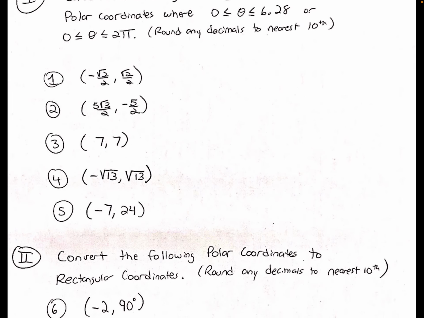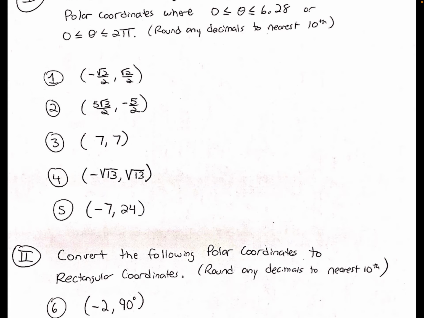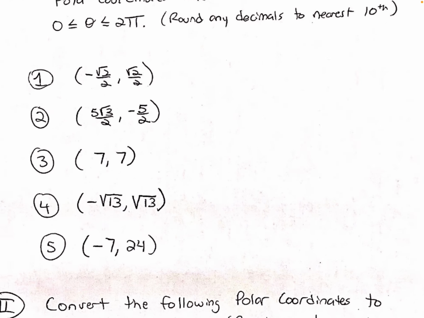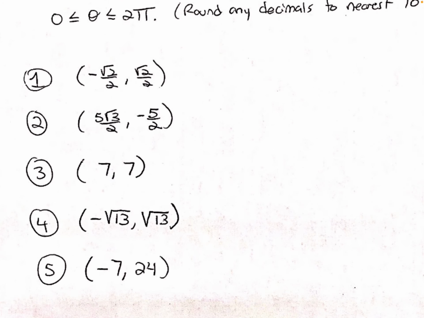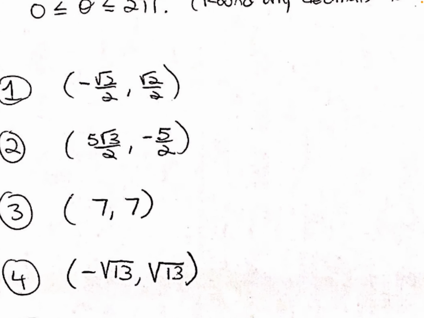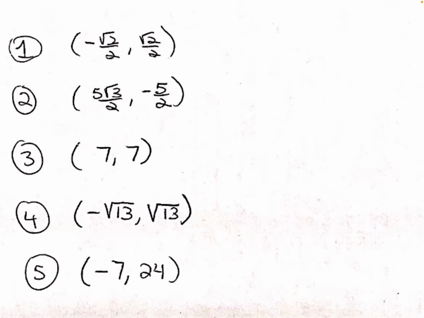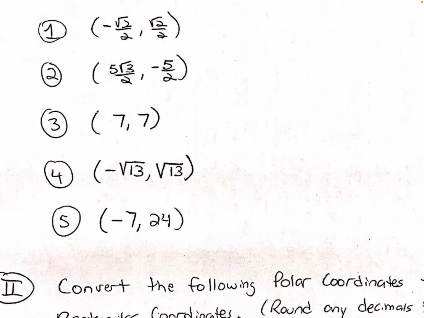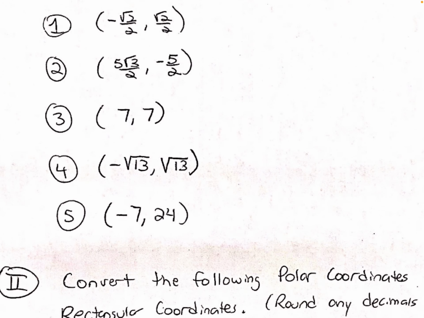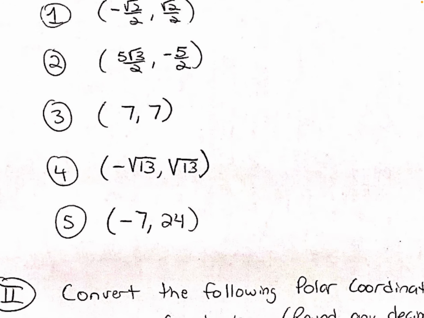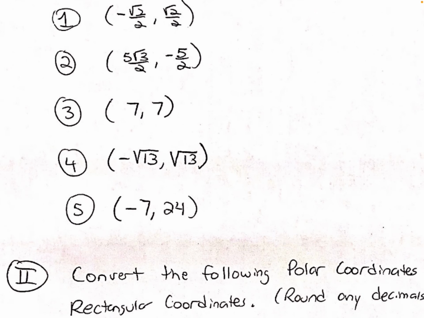So 2 of these I see are unit circle coordinates. Actually, 4 of them are. Anyway, if you see these root 2 over 2s or root 3 over 2, if the x and y is the exact same value, that's going to be one of your pi over 4, just depending on what quadrant it's in, because that's a 45, 45, 90 triangle. 45 degrees is pi over 4.